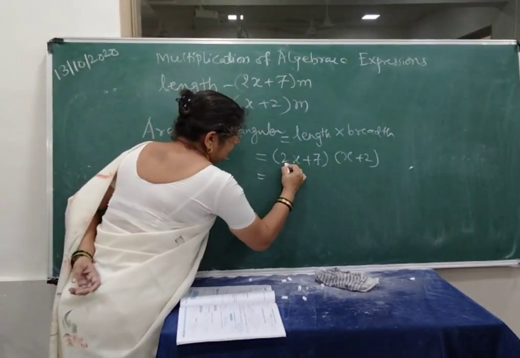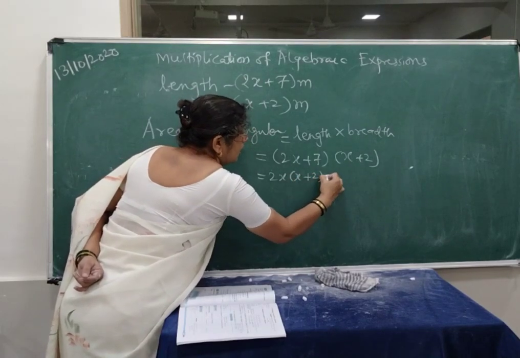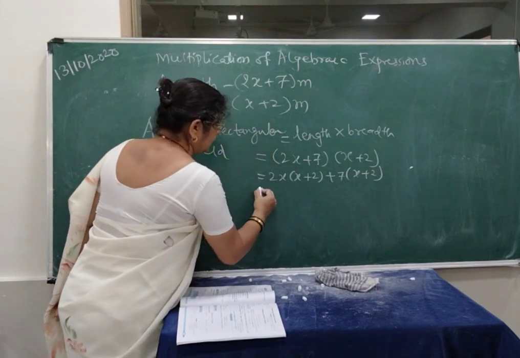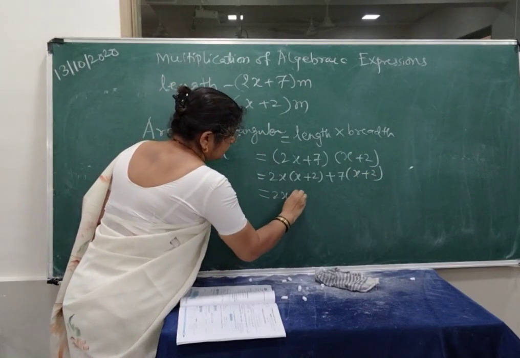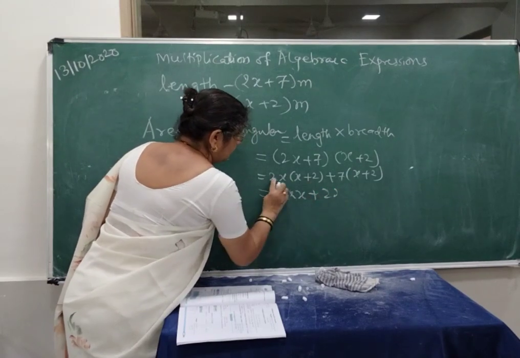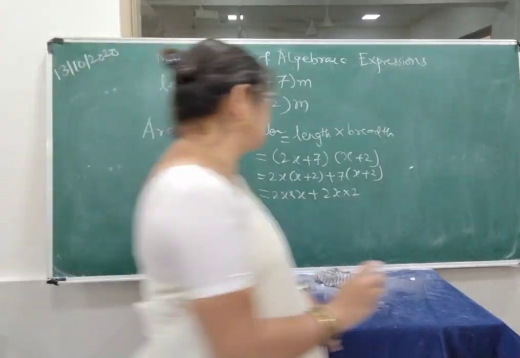First I will take 2x. 2x into x plus 2, plus 7 into x plus 2. Now 2x into x plus 2x into 2. Okay, I have opened the first bracket.